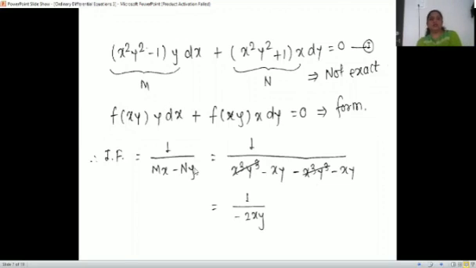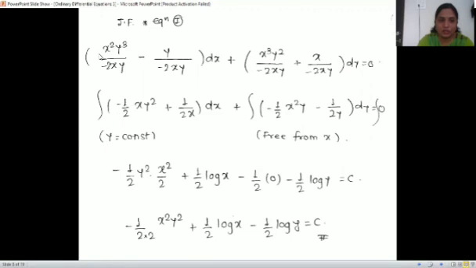So we have to just multiply x to your M, multiply N by y, and subtract. So we get −1/(2xy) as the integrating factor. As this is the integrating factor, multiply this to the given equation. So multiplying each term by that, we get this. And after multiplying, the equation is now exact.